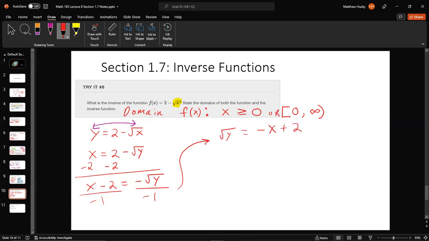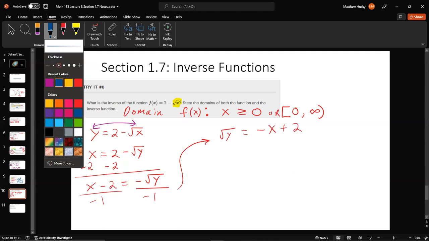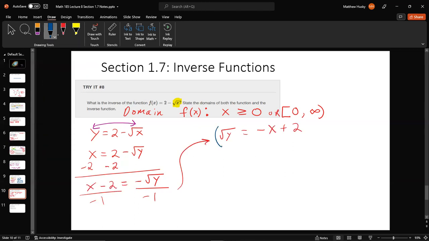We're just changing the signs around basically. And then to solve this, we need to square both sides. And so that's going to give me y equals negative x plus 2 quantity squared.